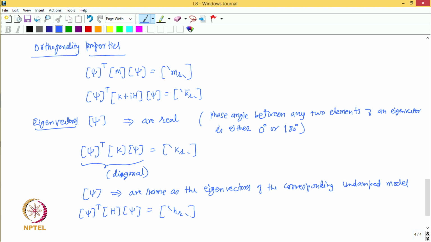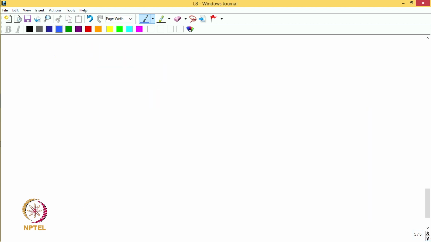So, if we look at the orthogonality with respect to the complex stiffness matrix, which is K plus iH, then we can write psi transpose K psi plus i times psi transpose H psi.